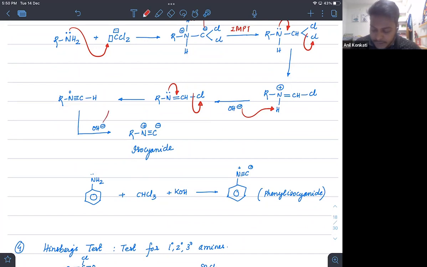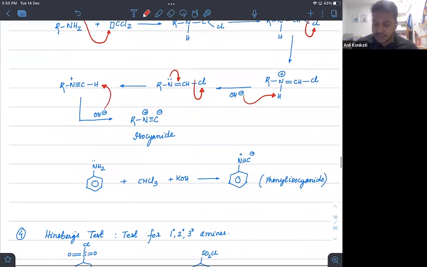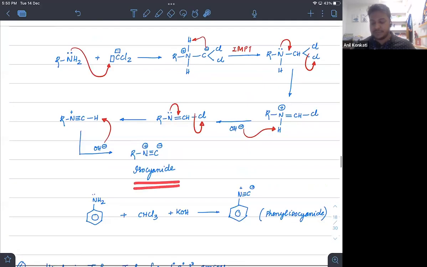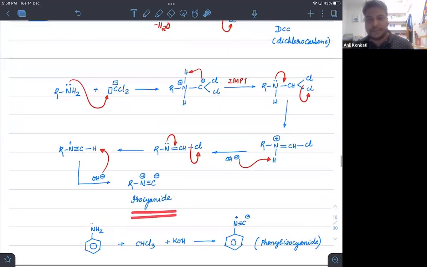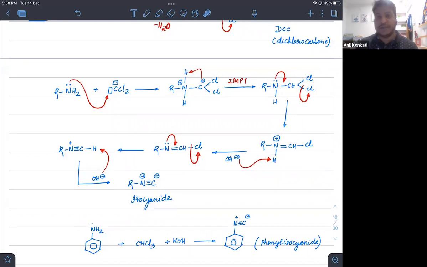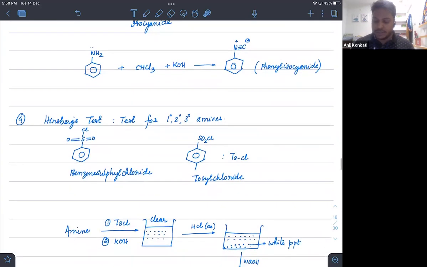And since it is in basic medium, OH minus will take H plus and we will get isocyanate formation. Please do not worry if you don't understand much of the mechanism. The idea should be very clear that only 1 degree amines will give this reaction. The same logic applies to even anilines. So aniline with chloroform and KOH will give you phenyl isocyanate.